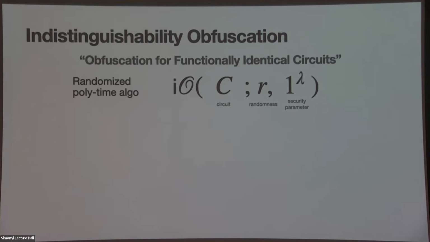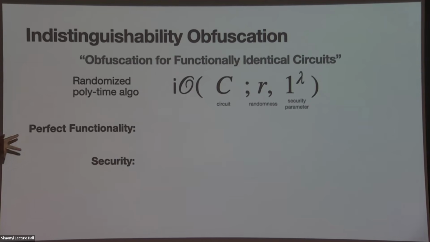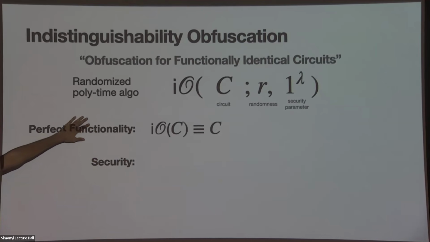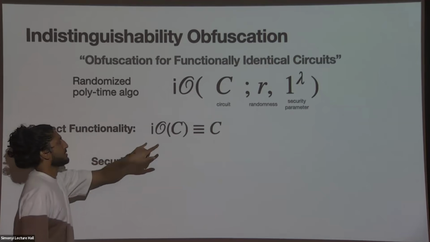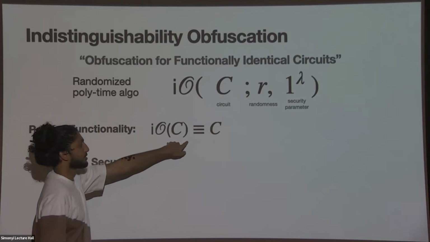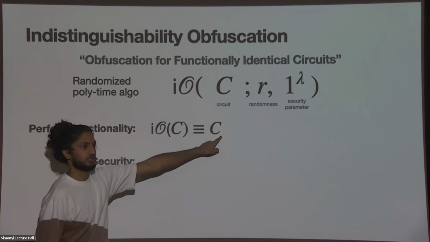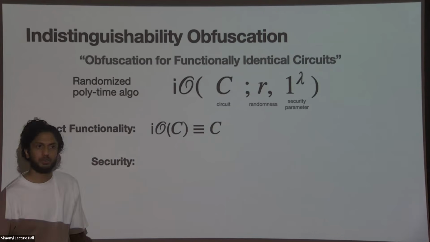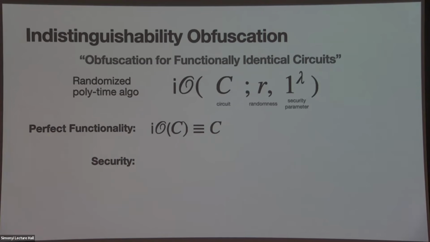Then you have two requirements for this to be an indistinguishability obfuscator. The first requirement is that running the obfuscator on a circuit C outputs another circuit that is functionally equivalent to C. These three lines mean they compute exactly the same function. It's perfect functionality, which needs to hold with probability 1. Seems like you'd want that.